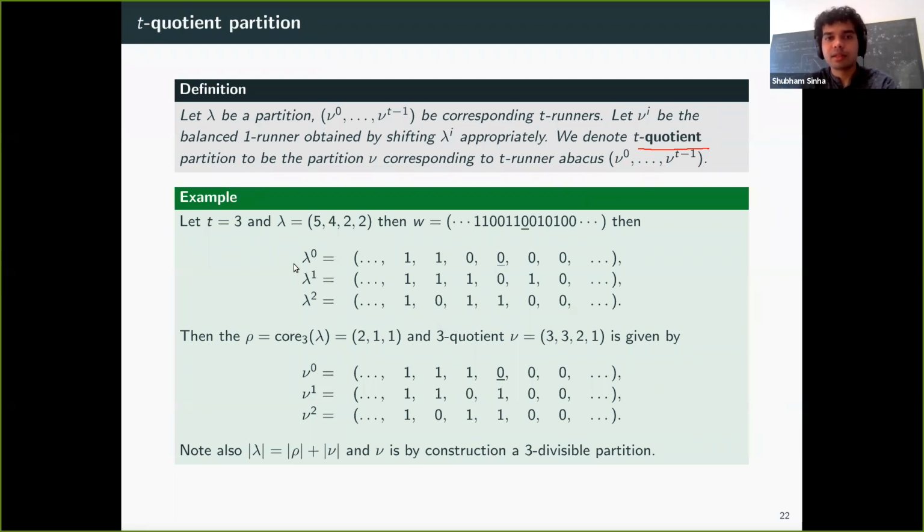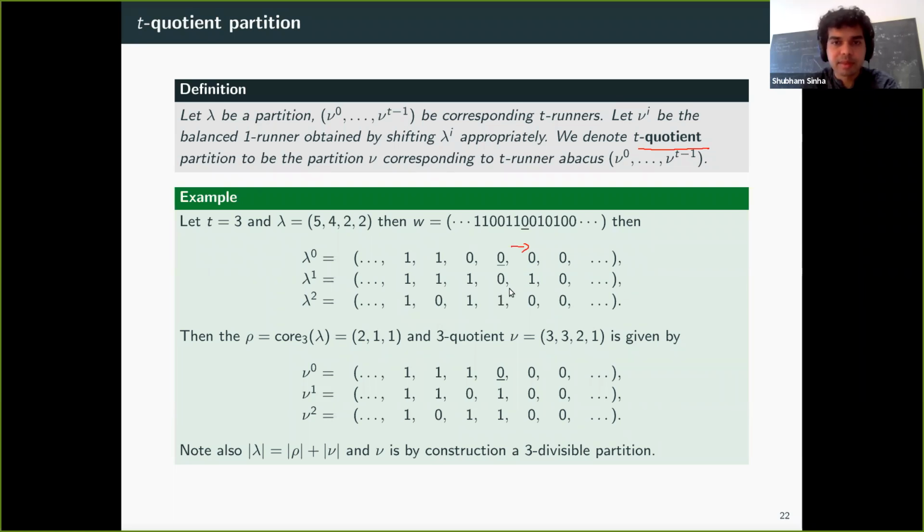You look at the corresponding T runner. If you look at each row of the T runner, and you make it balanced, basically you shift enough so that each row becomes balanced. So for example, this is -1, so you shift this by 1. This is already balanced.